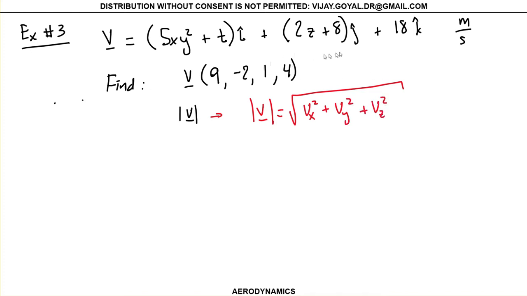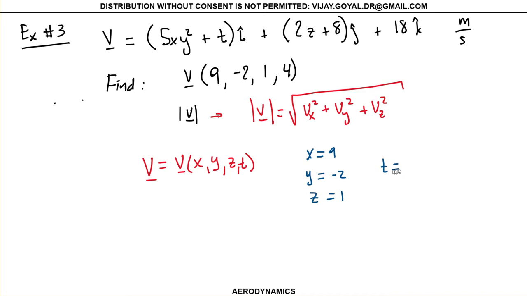And from here, if you compare, your V is a function of x, y, z, and t. We see that x is equal to 9, y is equal to -2, z is equal to 1, and your t is equal to 4.